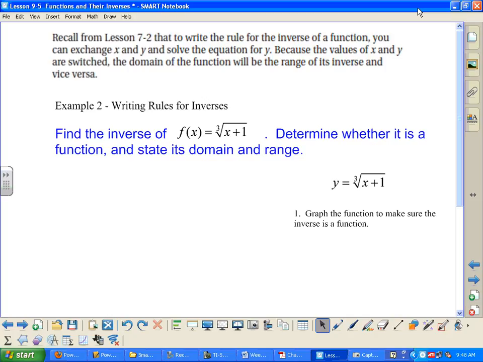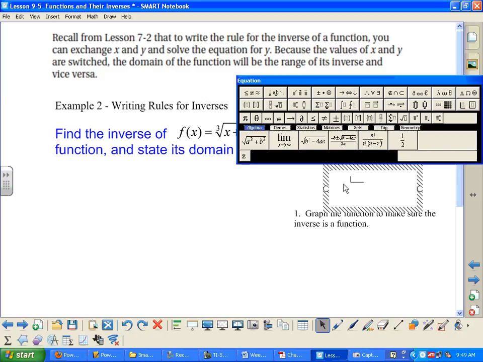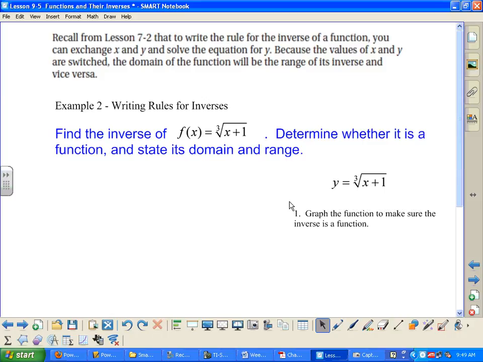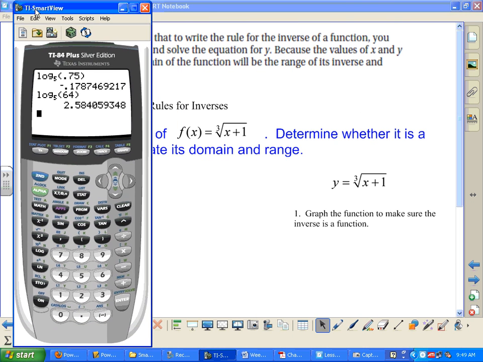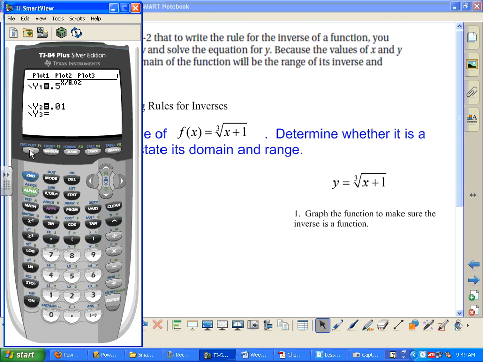So first of all, let's graph the function to make sure that the inverse is a function. So go ahead and put it in your y equals. So where do you find the cube root? How do I do the cube root on my calculator? Yeah, if you go to math, there is a button for cube root.